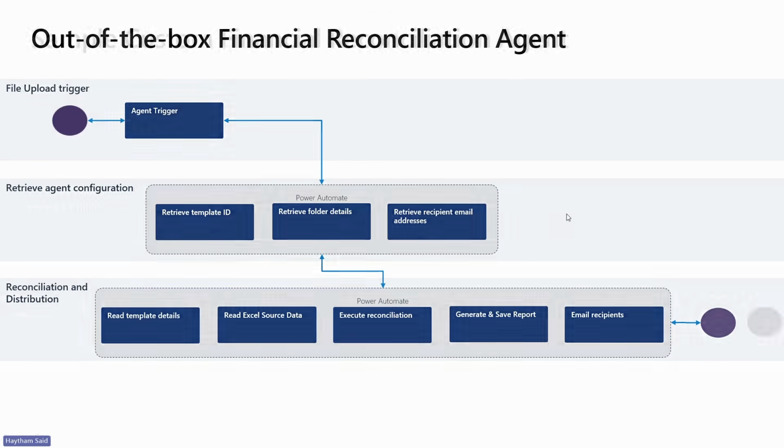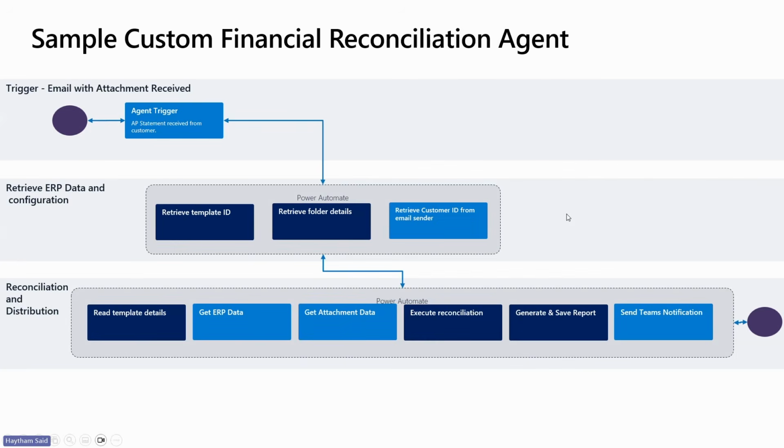For the custom agent, it's totally different. Still, what we ship or what we will support you with is basically the same thing. Read template details, execute reconciliation, but you will be able to tweak what would be your data sources. Is it a file in inbox versus FNO? Is it two FNO?